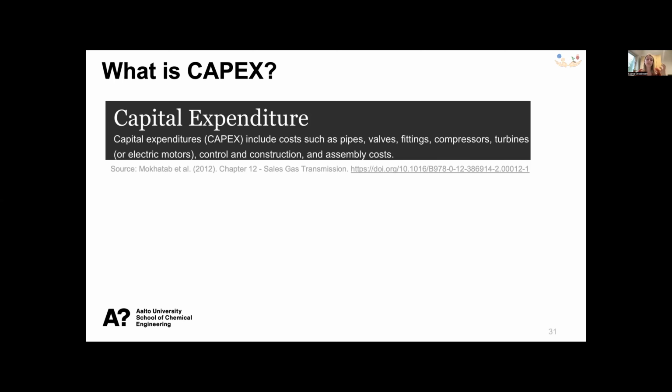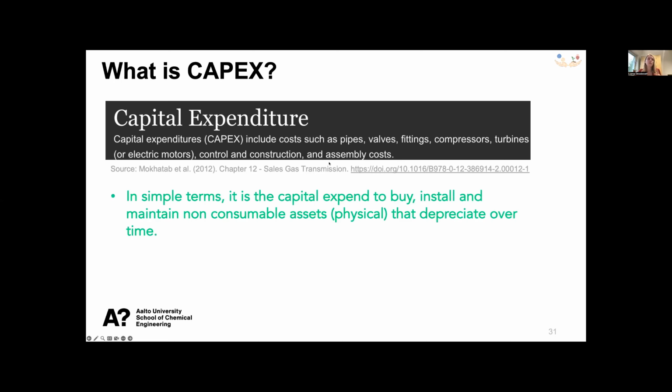It's all of the physical things, compressors, turbines, whatever construction is needed. So in simple terms, it's the capital, the amount of cash we spend to buy, install, and maintain physical assets, something you can touch, that will depreciate over time.